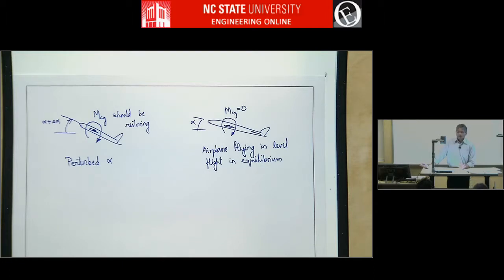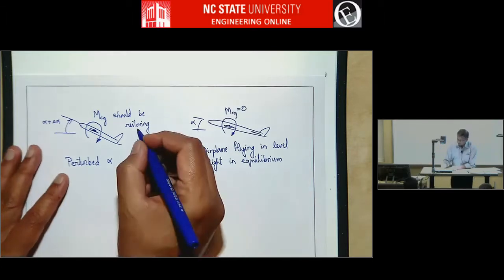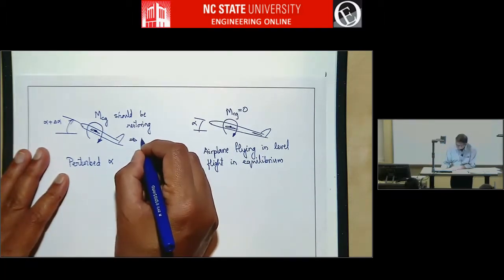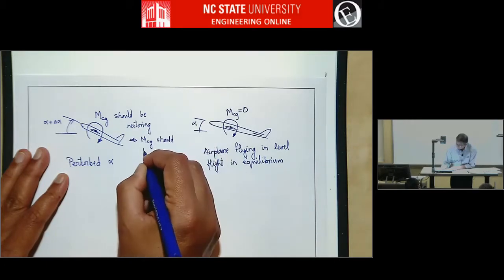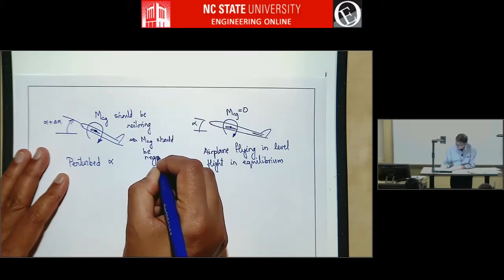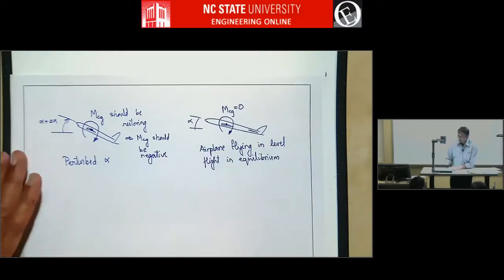So somehow the alpha is increased. We're not too worried about exactly what made the alpha increase. What we are worried about is, once it has increased, what do we want the pitching moment to become? Negative, right? It was 0 here, now we need it to be negative.